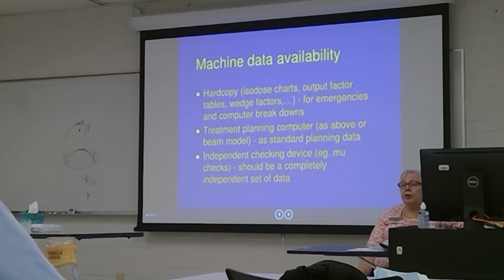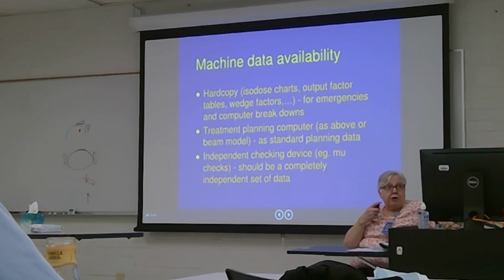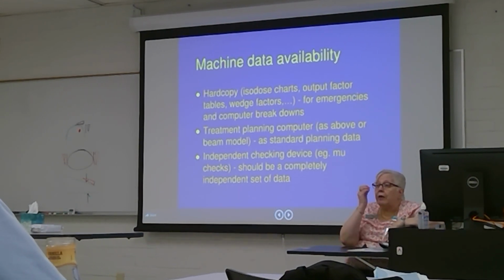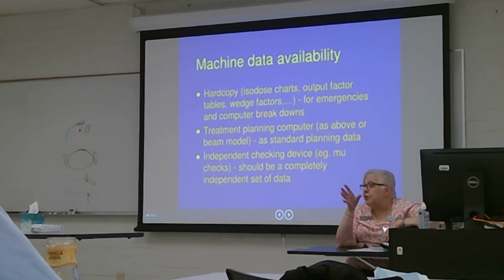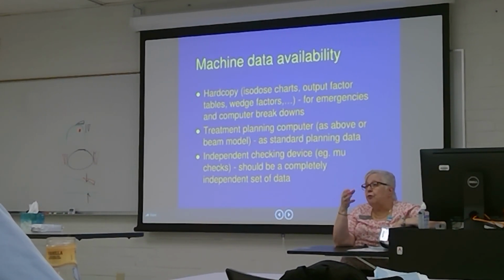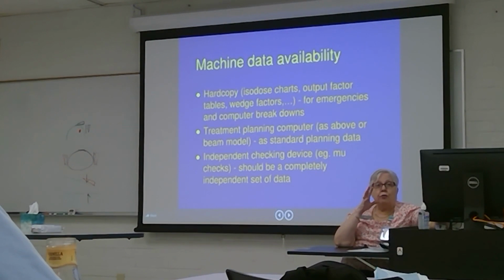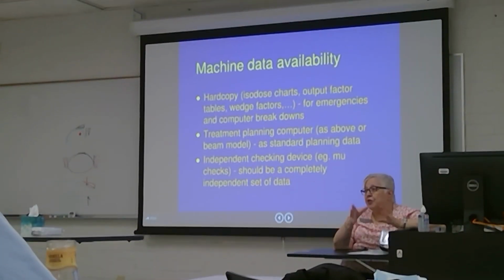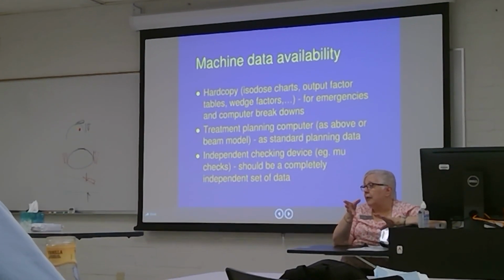Although we would usually use them for emergencies, there's usually books of these charts in dosimetry for backups. And if you are coming in to treat an emergency patient, this is what you might use, these charts, so you can do hand calculations.